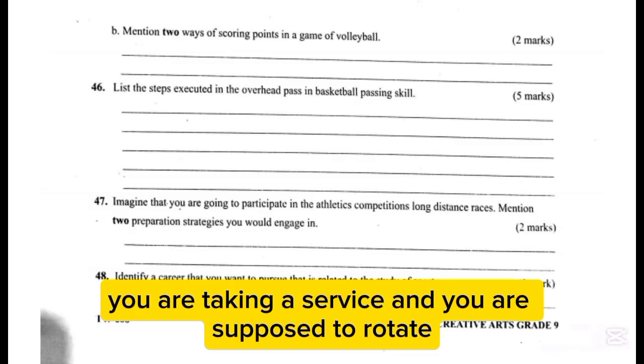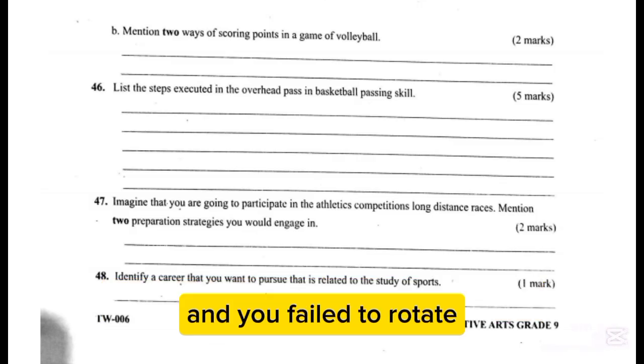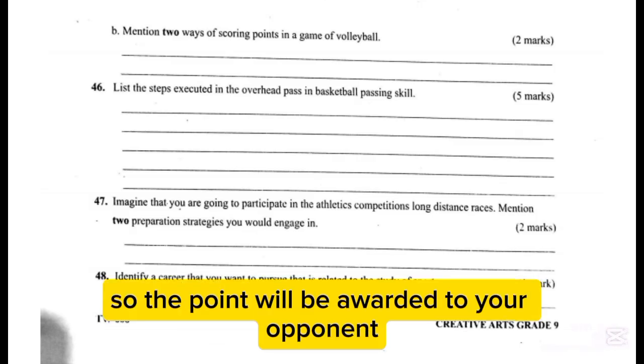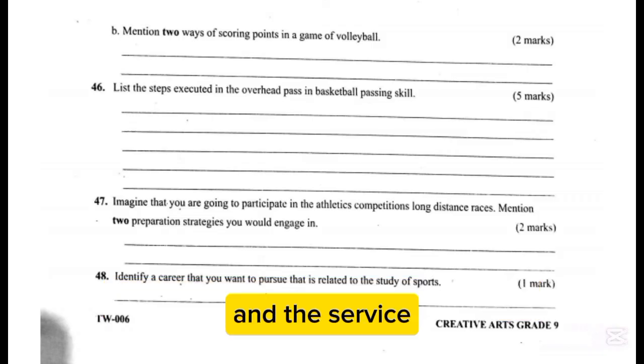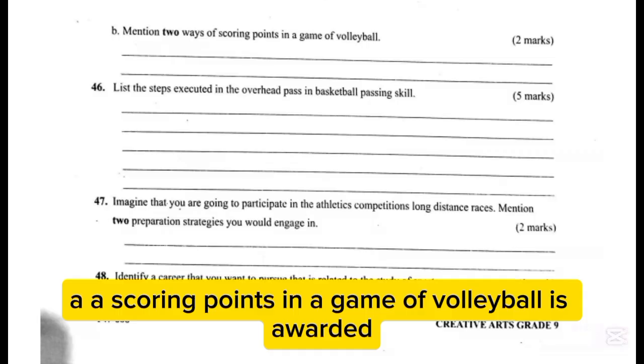You are taking a service and you are supposed to rotate and you fail to rotate, so the point will be awarded to your opponent and the service. So those are some of the ways scoring points in a game of volleyball is awarded.